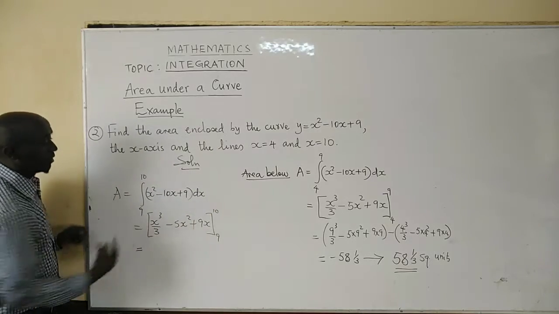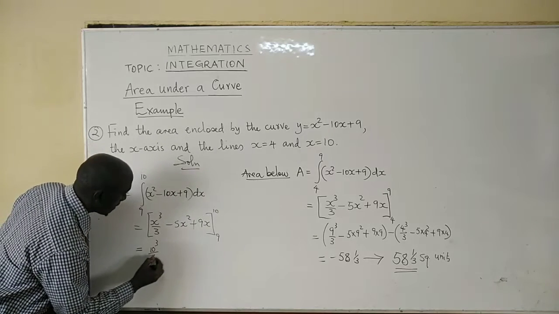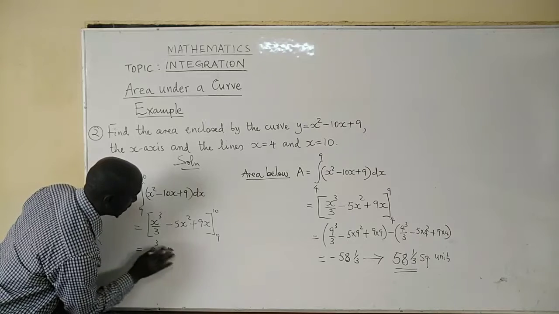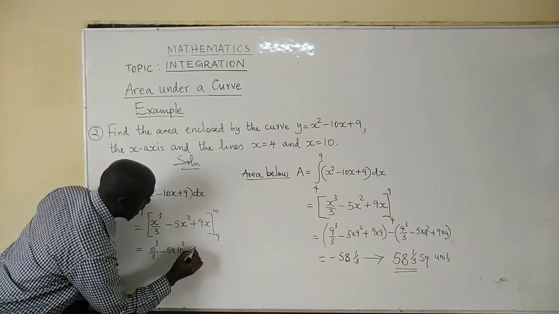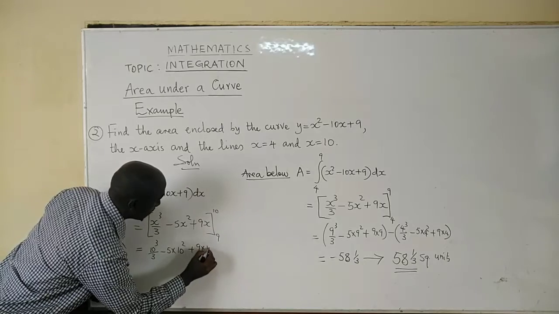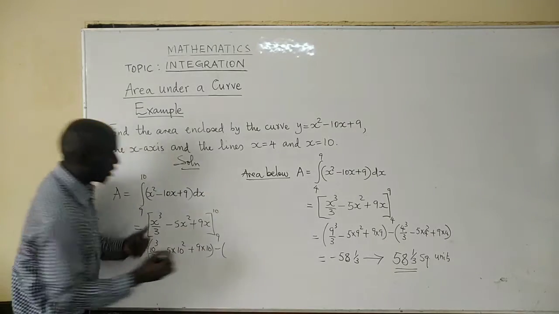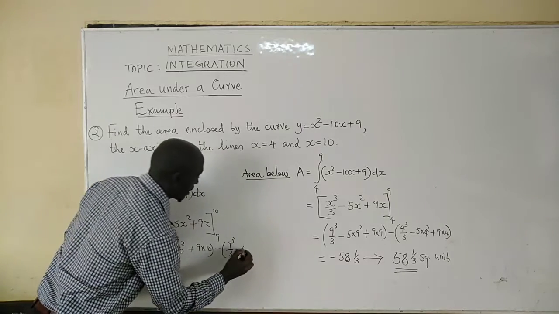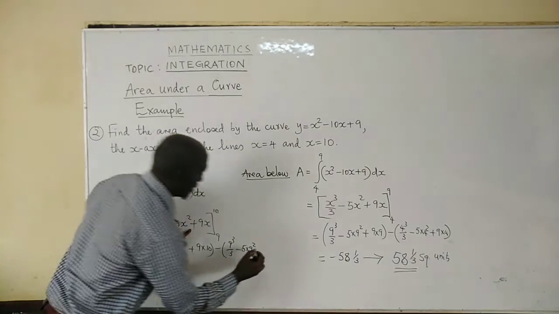You substitute the upper limit, 10 cubed over 3 minus 5 times 10 squared plus 9 times 10. Then minus, insert the lower limit, 9 cubed over 3 minus 5 times 9 squared plus 9 times 9.